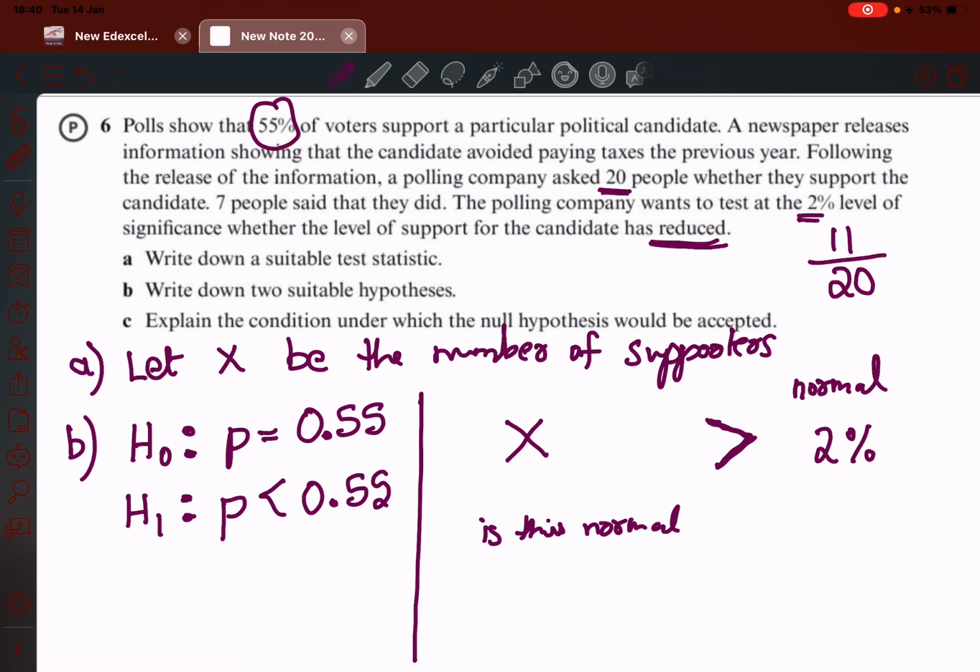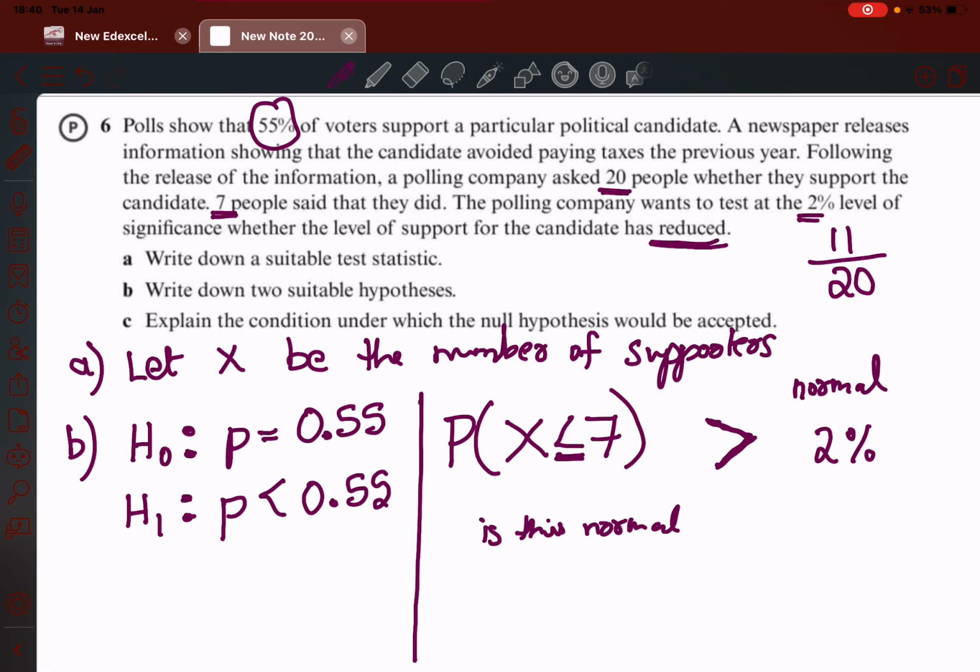But he has got at the moment only 7 out of 20. So you're asking, well, is it normal that somebody claims they have 55% support and then they still get 7 or less? Because there's no point in me doing 7 or more, because that would mean the exact opposite.